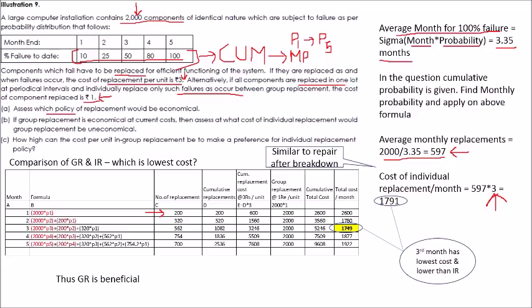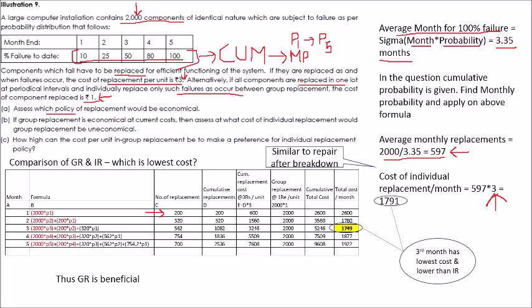So there are 2 costs, and the sum total of these 2 costs is going to be the cost of group replacement. Now I want to find the number of replacements I am going to do each month. Because every month there are going to be some breakdowns or failures, and I will replace them.